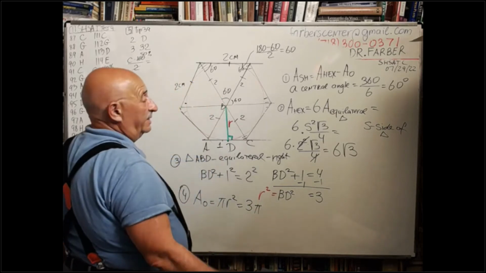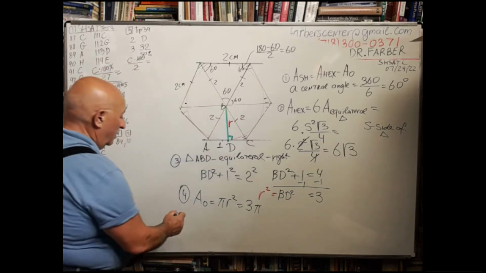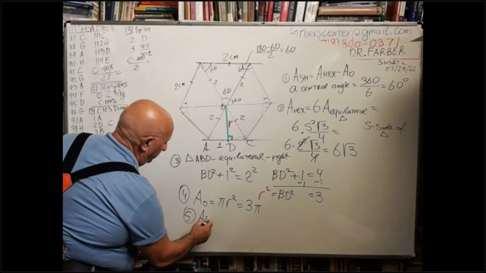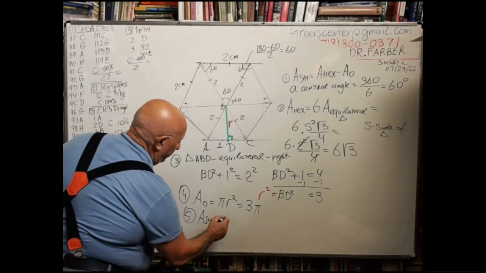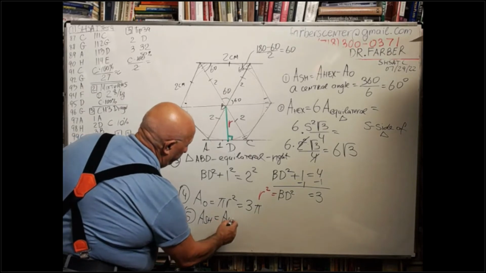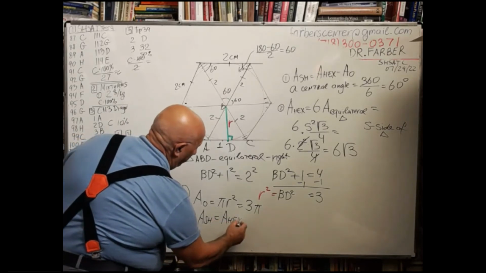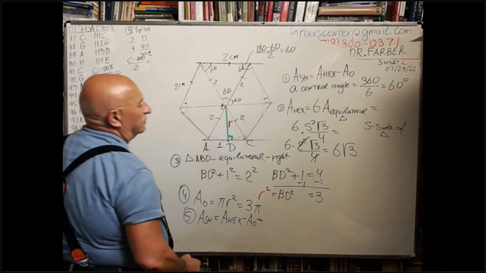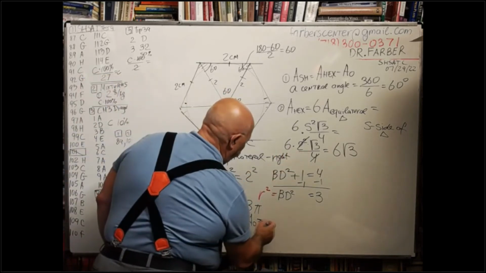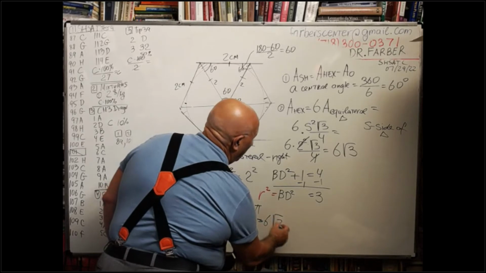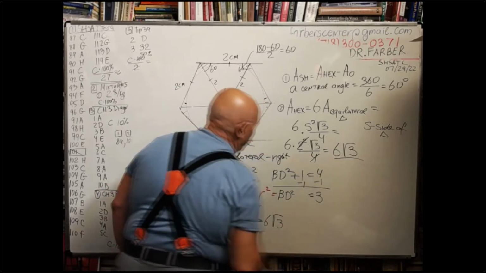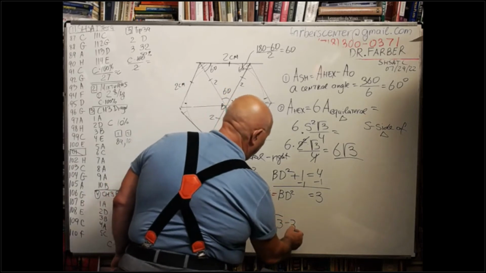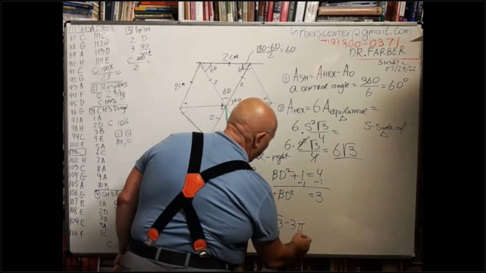And the very last step, area shaded equals again area of hex minus area of circle equals 6 square root of 3. This value minus 3 pi. Check mark.